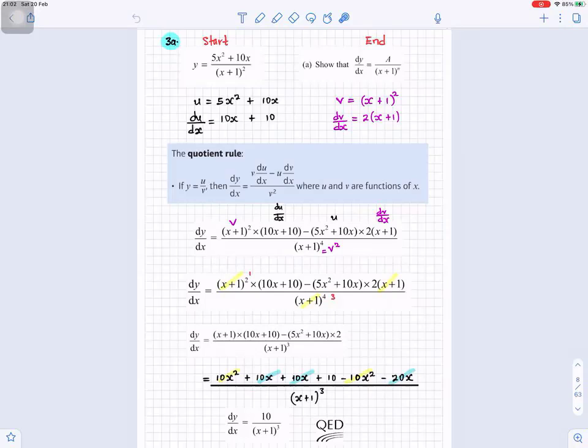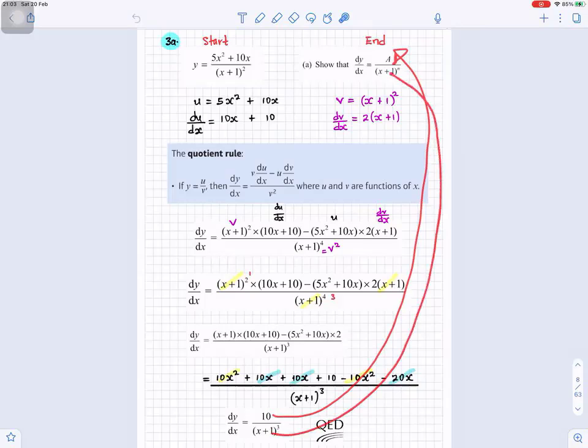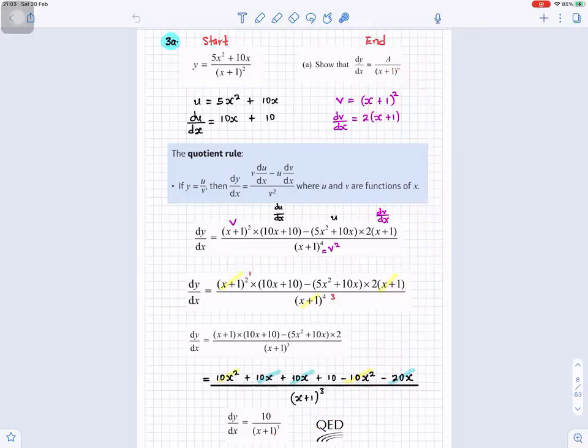So you are left with 10 on the numerator. And the denominator stays the same, which is what they wanted you to show. So this 10 is this a at the numerator, and the (x plus 1) all cubed is the same as that. So your n is 3. That's what they wanted you to show. So QED, quod erat demonstrandum, as required to show.